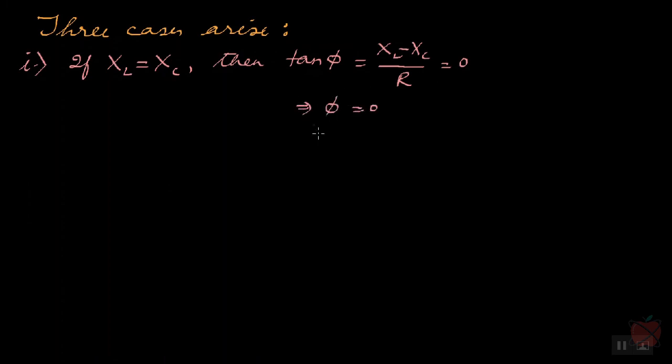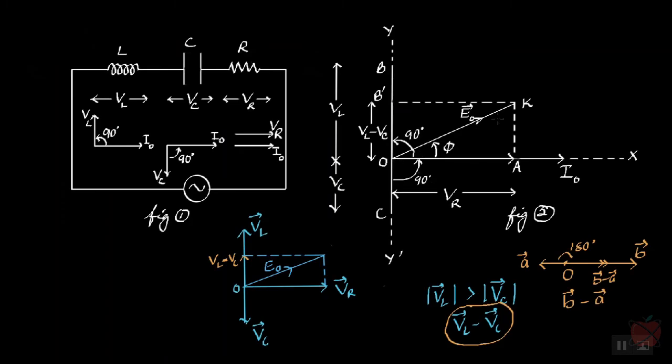What is phi again in the beginning? What did we say? Phi is the phase difference between the EMF and the current, yes or no? And if phi is 0, what does it mean? It means that the EMF and the current are in the same phase. There is no phase difference between them. And what type of a circuit has the EMF and current in the same phase?